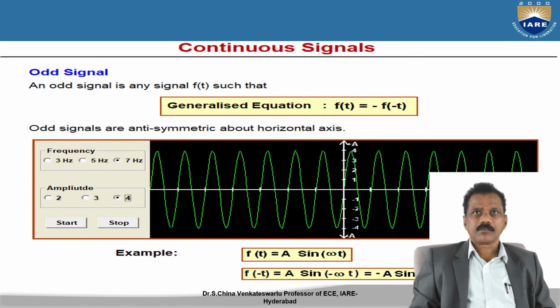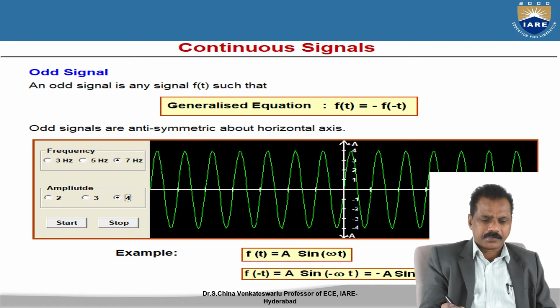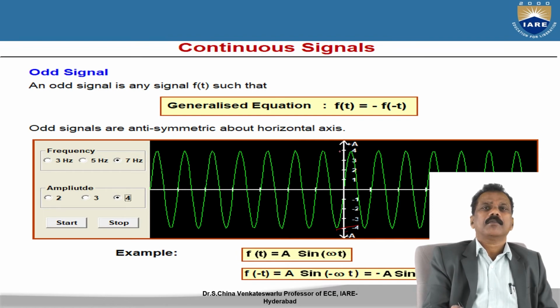Okay. Next, odd signal: go on increasing the odd frequency and see how it varies. Previously the frequency was 5 hertz, here it is 7. Go on verifying all this. The amplitude here is 4, minus 4 to plus 4. So the amplitude is 4 and the frequency is 7.